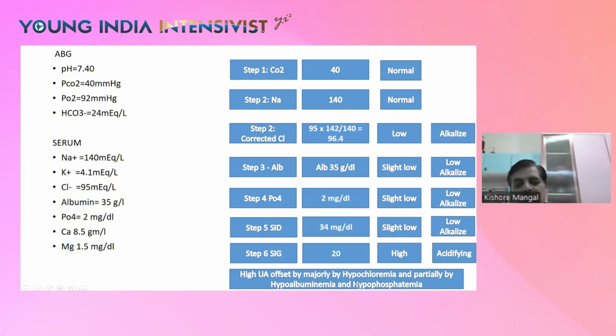There is alkalinization by hypochloremia and partially by the hypoalbuminemia and hypophosphatemia in response to unmeasured high anion gap metabolic acidosis, right? So this is the diagnosis of this patient. By traditional approach, we were not able to get any information. By using Stewart's approach, we have been able to solve this complex ABG, which seemed to be very difficult.